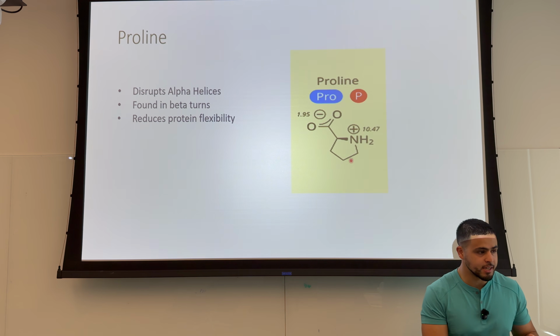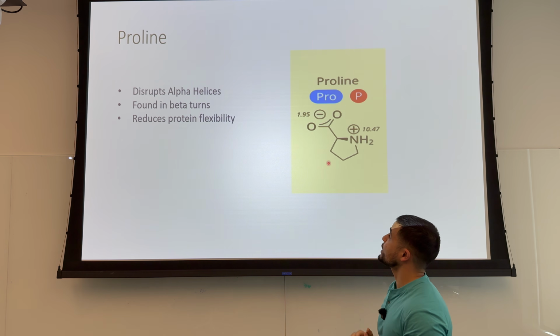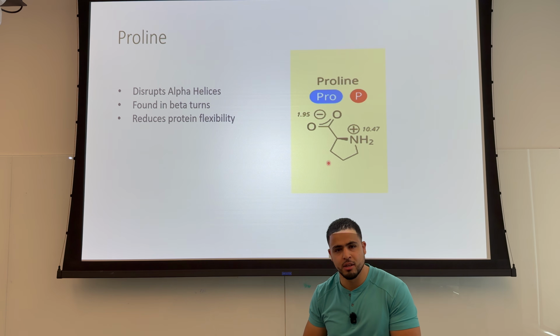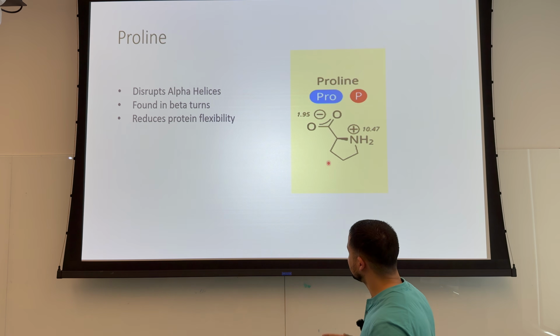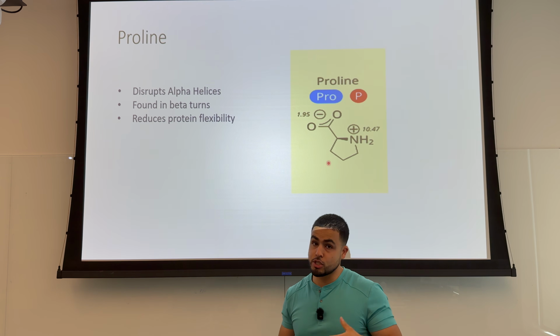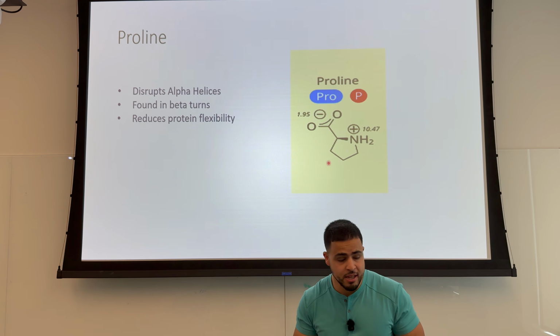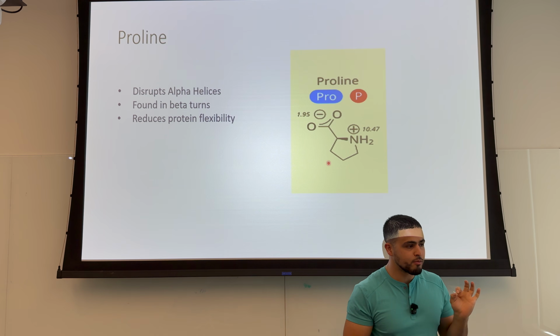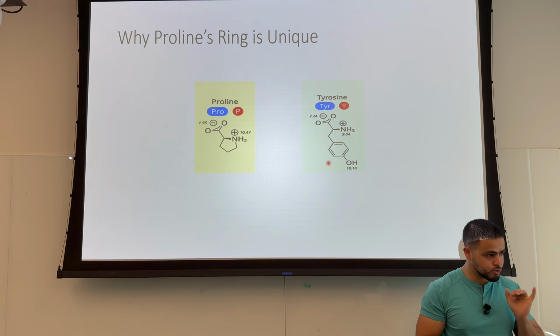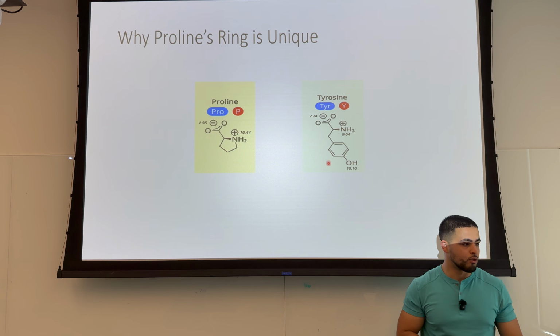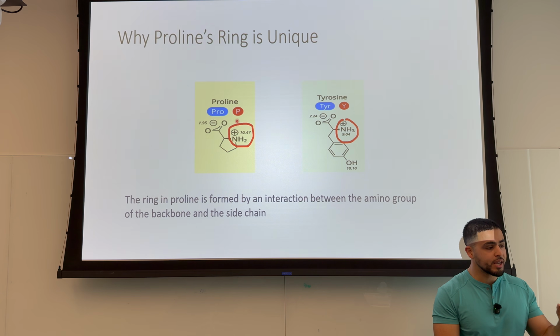And the reason that's the case is because proline contains this ring structure in its side chain. But you might object to this and say, didn't we see other amino acids such as tryptophan, tyrosine, and phenylalanine, which also contain rings in their side chain? Well, it's because the ring of proline is quite unique, as you can see in this slide over here. So you'll notice that the ring in proline contains the amino group.